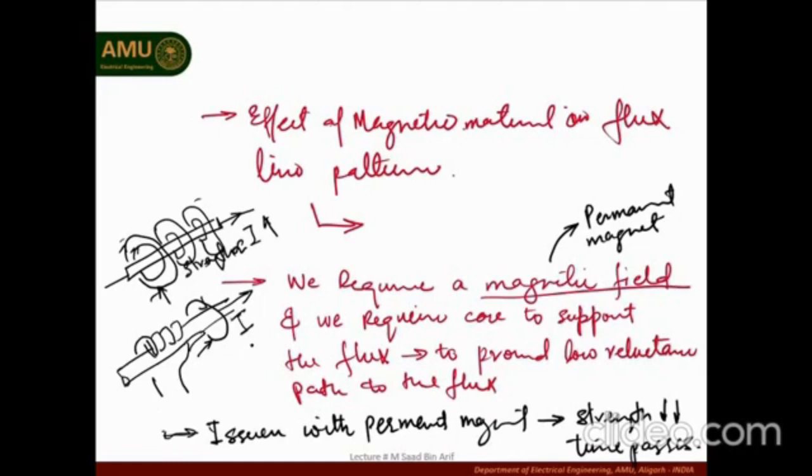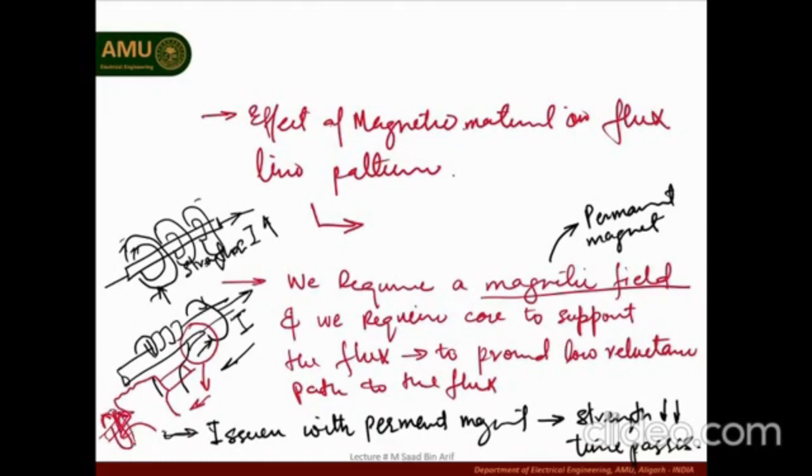So what we have just seen is that if we increase the value of current, the strength of the magnetic field increases. If we change the direction of current, then the direction of the field changes. From this discussion, we can say that wherever we require a magnetic field for a particular application, we can generate that magnetic field by using an electromagnet, that is, by using current.